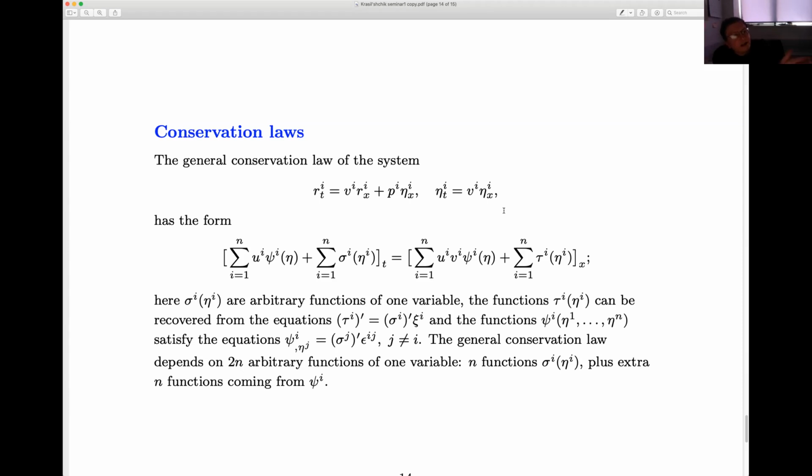Like in the diagonal case, you have conservation laws parameterized by functions of one variable, right? Here they are parameterized by 2n functions of one variable, because it's a 2n component system. But what is nice about this particular example is that these 2n arbitrary functions explicitly appear in this general formula.